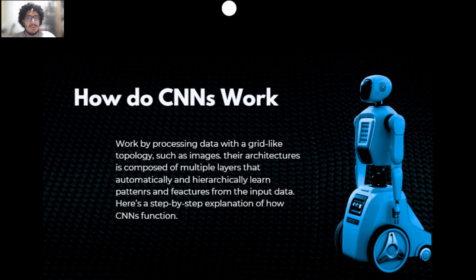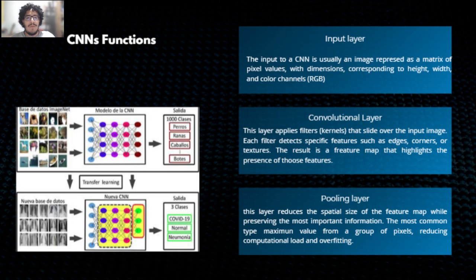For example, early layers might detect simple features like edges or colors, while deeper layers can identify complex patterns like faces or objects. This step-by-step learning is what makes CNNs so effective in things like image classification or object detection. Now, let's look at the main components of CNNs.